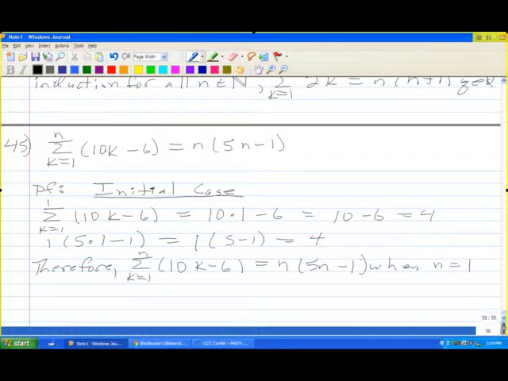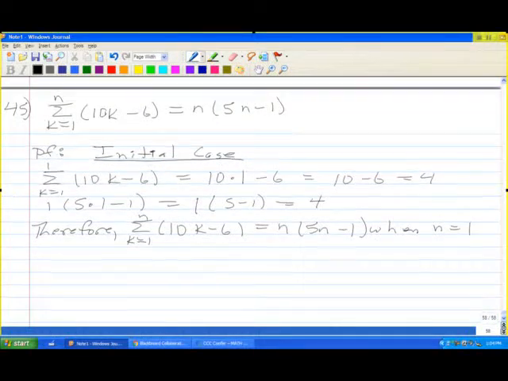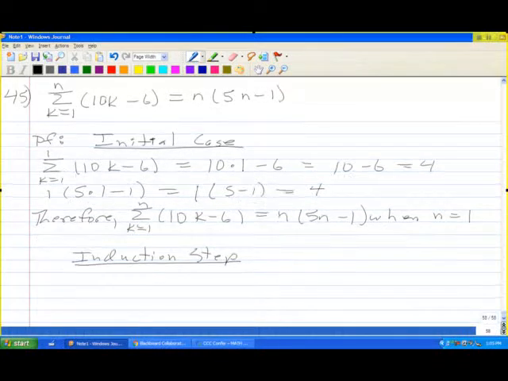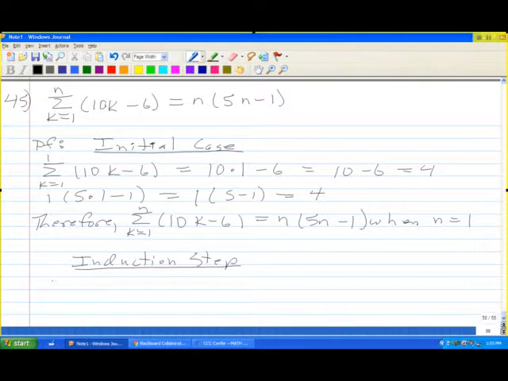Okay, so let's do the induction step. And so, let me suppose that the sum k equaling 1 to n of 10k minus 6 is equal to n times 5n minus 1.